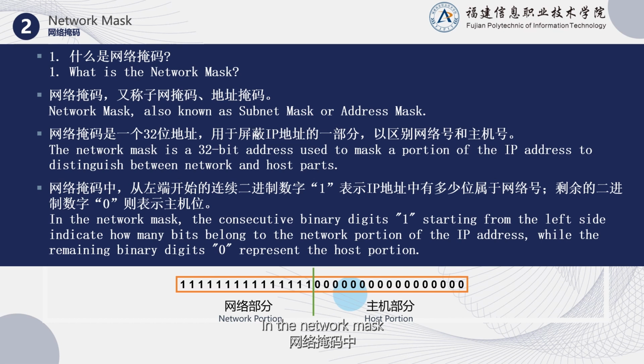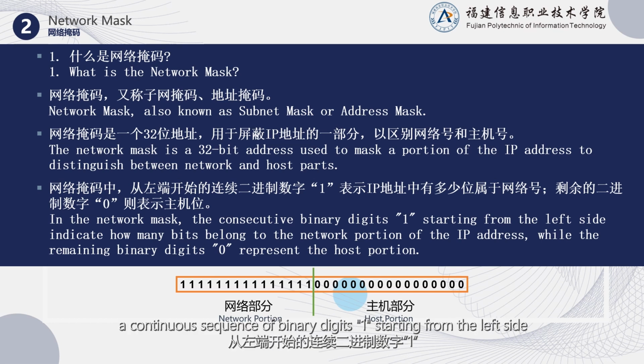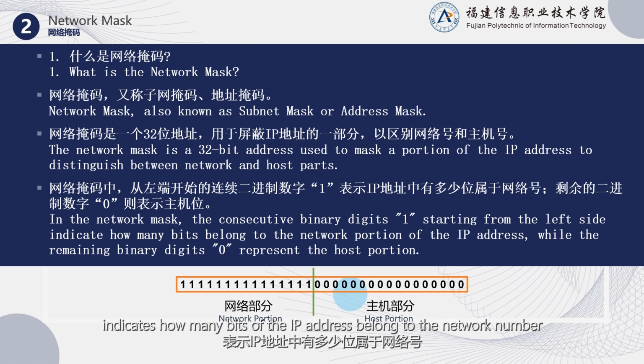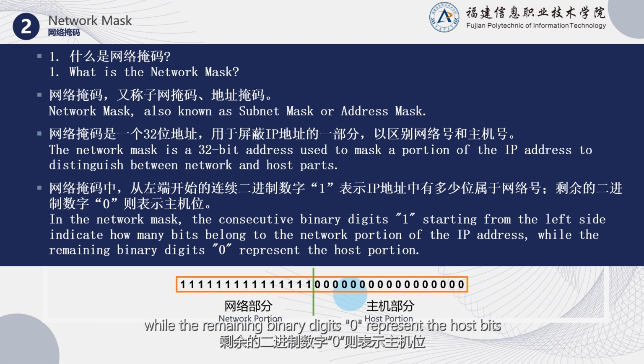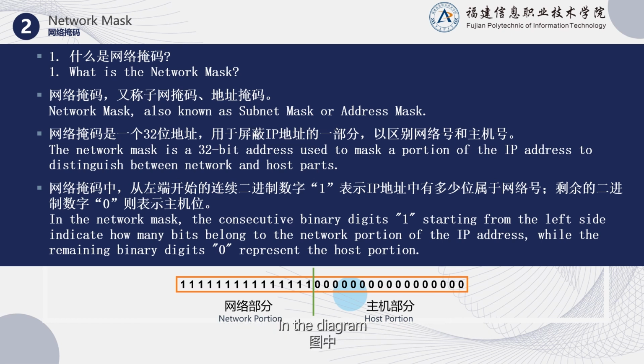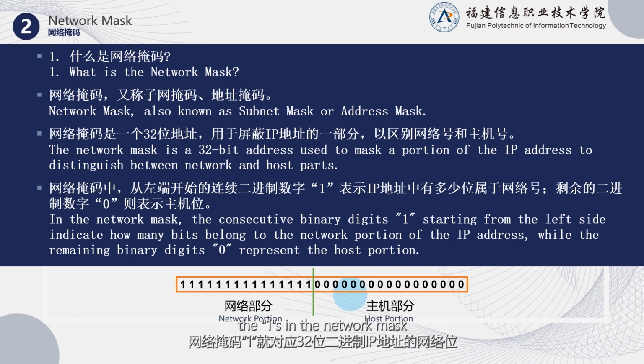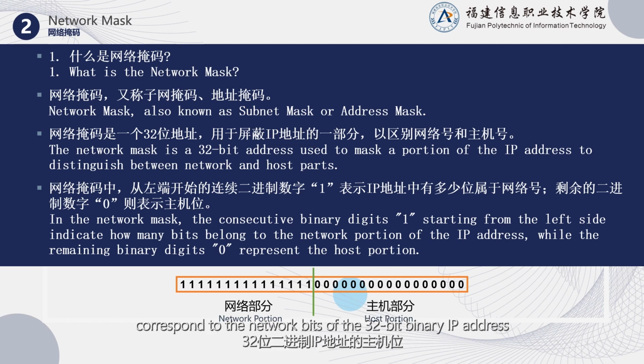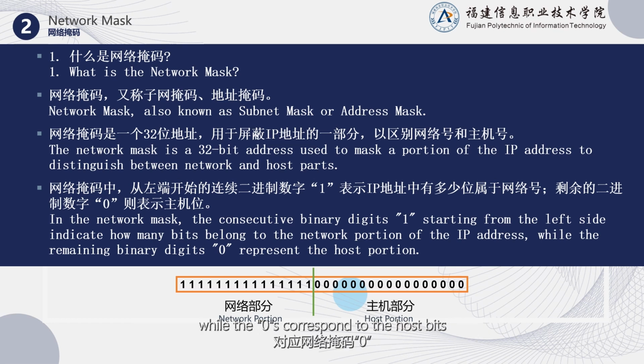In the network mask, a continuous sequence of binary digits 1 starting from the left side indicates how many bits of the IP address belong to the network number, while the remaining binary digits 0 represent the host bits. In the diagram, the 1s in the network mask correspond to the network bits of the 32-bit binary IP address, while the 0s correspond to the host bits.